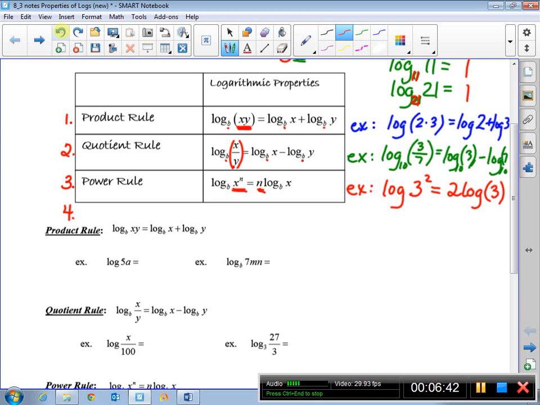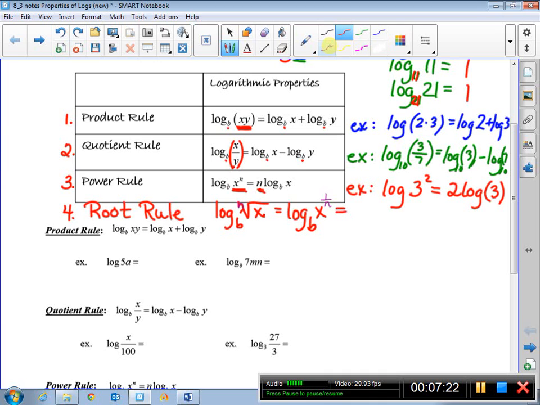So let's add on to that power rule. You could call it a root rule if you'd like, but actually roots are powers, so it ties in. If I have log base b of an nth root of x, then we want to remember from chapter 7 that that's actually the same as x to the 1 over n power, if this is an index of n.